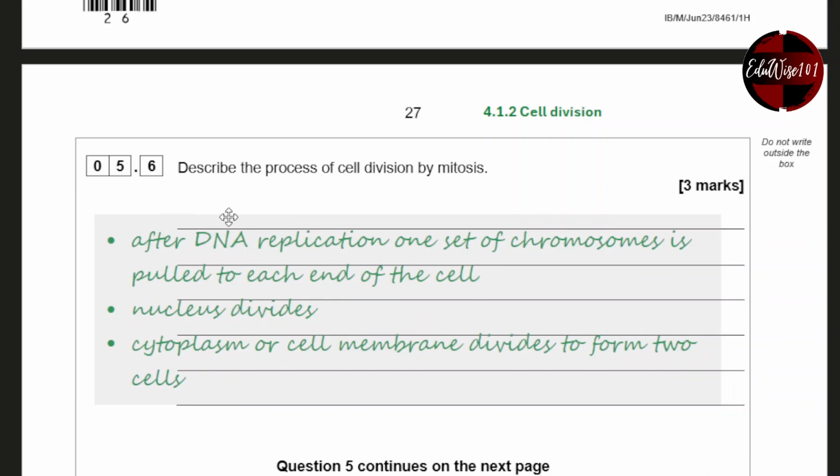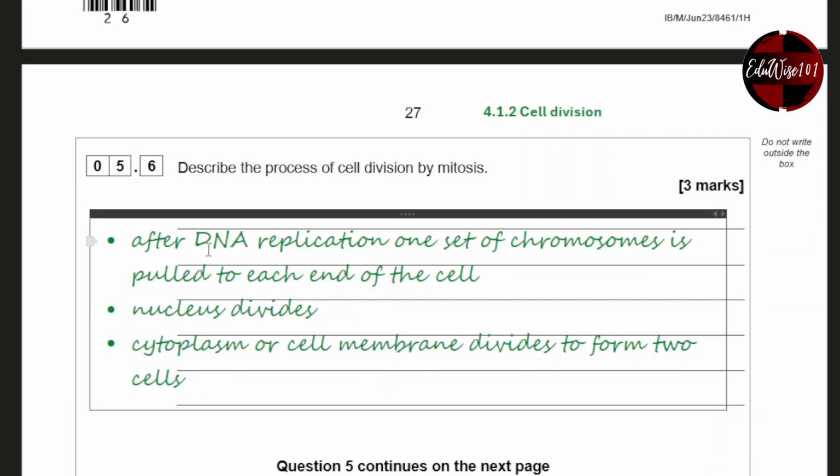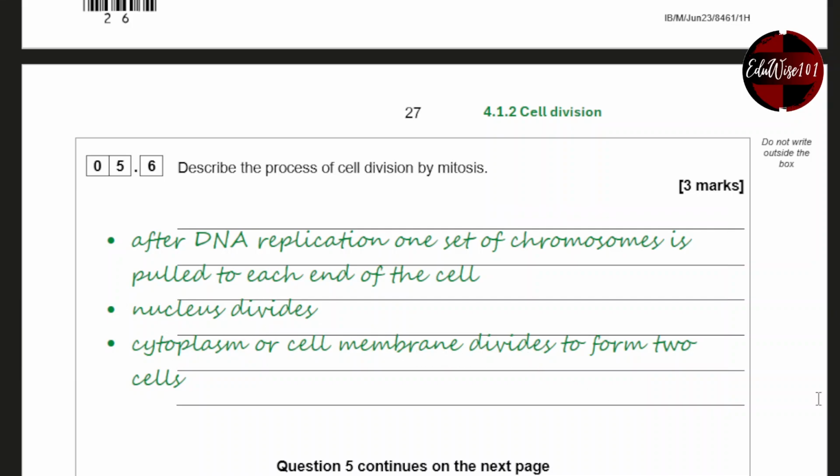Then after DNA replication, one set of chromosomes is pulled to each end of the cell, and then the nucleus divides. Following the nuclear division, the cytoplasm and the cell membrane also divide to form two new cells.